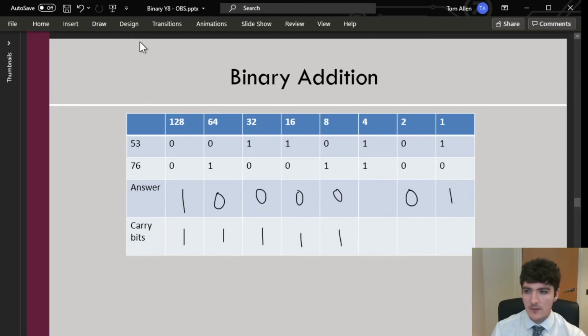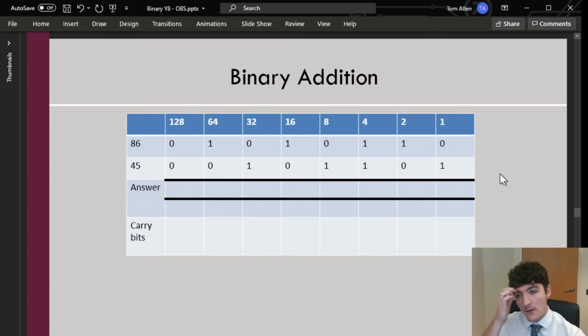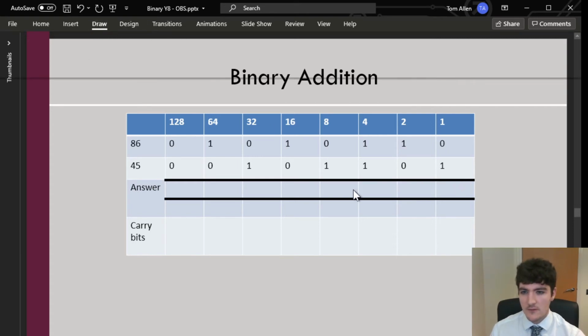So let's make sure. Cool. So that's fine. On to this next one. Again, it's not too difficult, so we'll run through very quickly. So we'll go 0 and 1 is 1. 1 and 0 is 1. 1 and 1 is 0 carry 1.